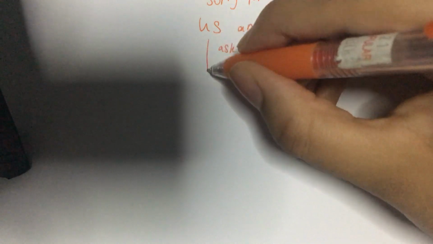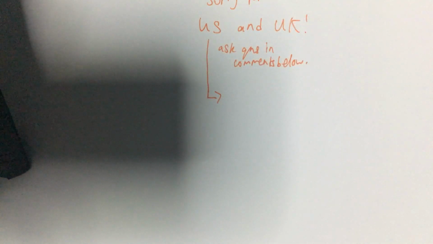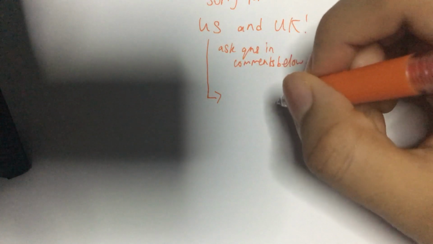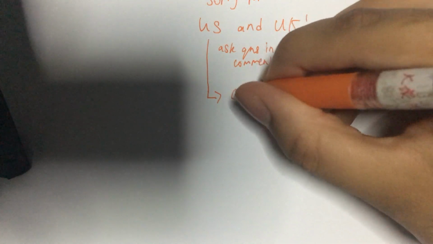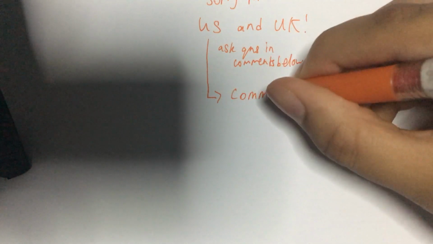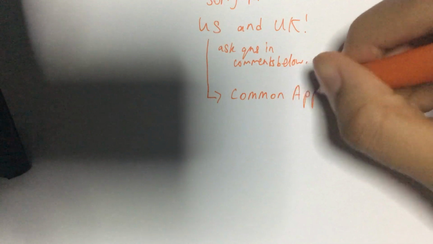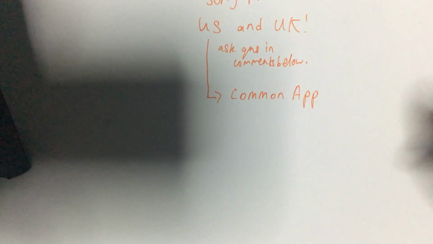Okay, so first let me talk about the US, which is a very popular destination for at least the high scorers and people who just like to study somewhere else. For the US, you would need to use something like the Common Application. There are other kinds of applications too, but the usual one that we use is the Common App.